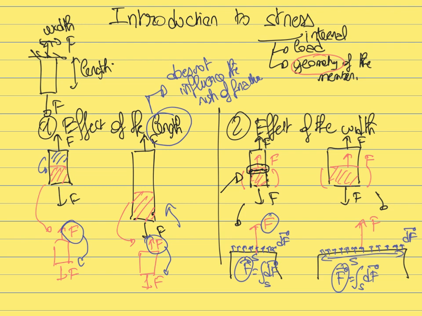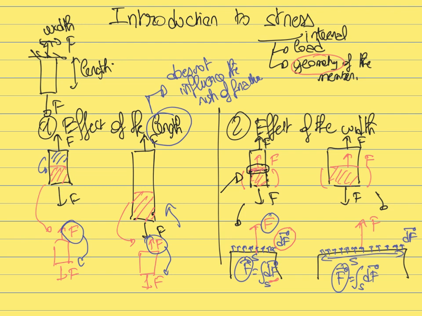So if the total force F is the same on the left and on the right, what does it mean for the small forces dF that are applied at each point of the interface between the top and the bottom? Here, to simplify, but this is a good assumption, we assume that the small force dF applied at each point of the interface is the same irrespective of the position within this interface.